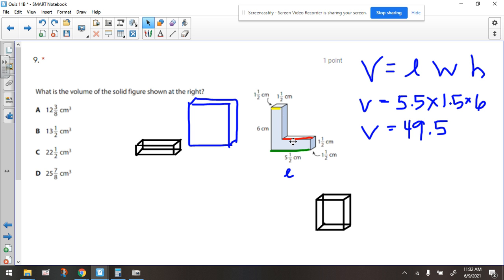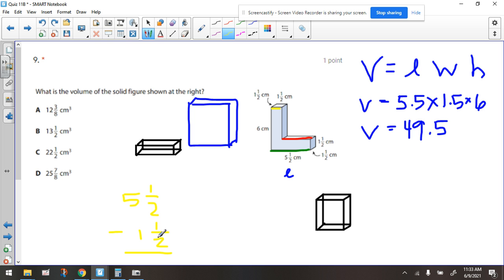So if we take 1.5 away from that number of 5.5, then that should give us what the red line is. Okay, so let me try to say that again because that's a mouthful. The yellow line and the red line together have to add up to be 5.5. So if we already have 1.5, let me write this down so you can see it. So 5.5 minus this 1.5 will give us the length of the red line.